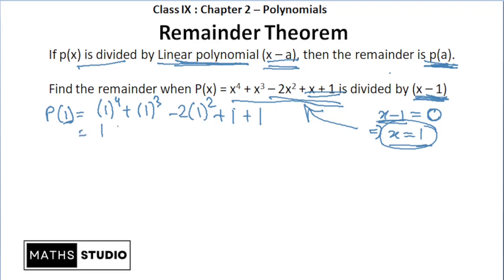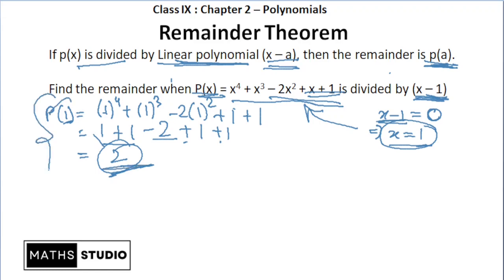So 1 plus 1 minus 2 plus 1 plus 1. This would be 2, minus 2 cancels, 1 plus 1, 2. Now, if we divide this particular expression with x minus 1, we would get remainder as 2 itself. Okay. So, if it is a 1 mark question, we would be using the remainder theorem.